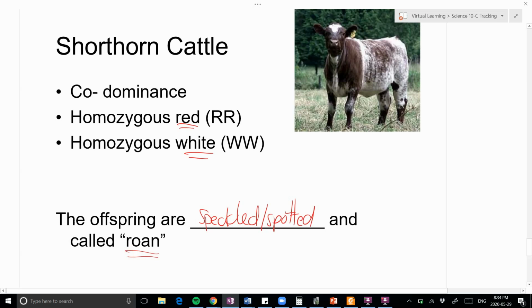And they actually have a special name for that coloration pattern. Roan is that special coloration pattern. And we're actually going to see roan again in the next example. It's just talking about that coloration where you have both light and dark, right? And what that shows us is that red-white, that heterozygous nature.